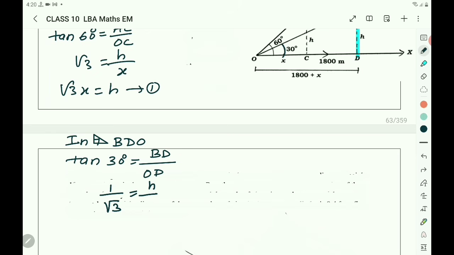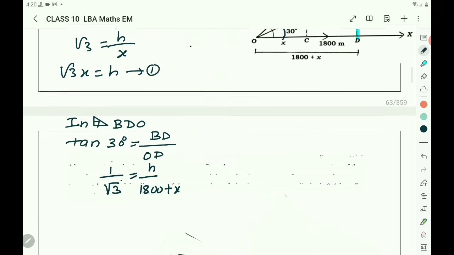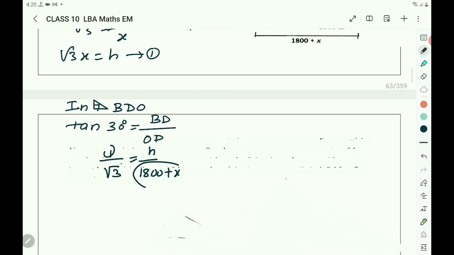OD is from here to here, that is 1800 plus X. Now you do the cross multiplication. 1 into 1800 plus X by root 3 is equals to H.